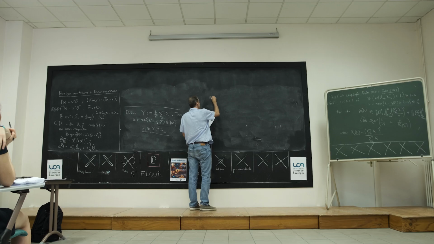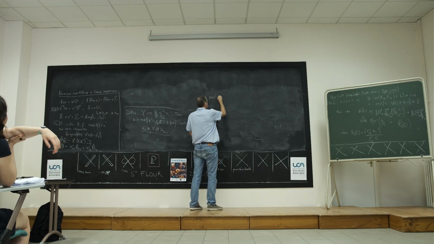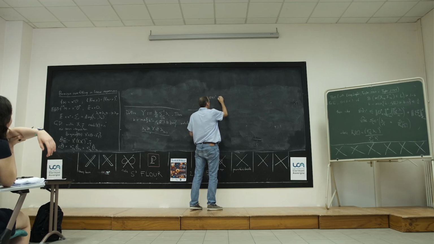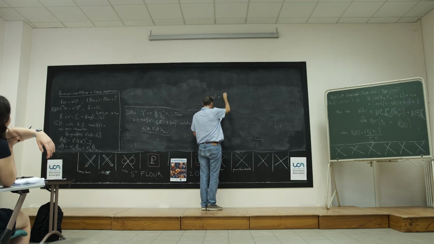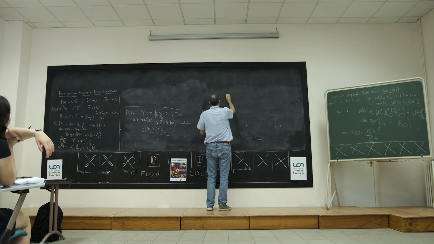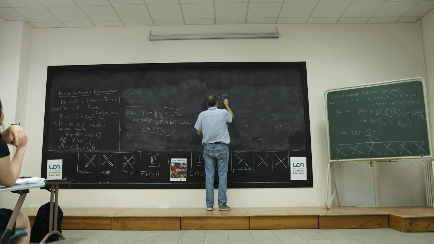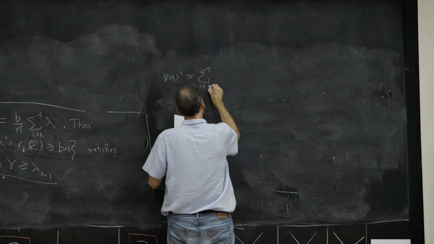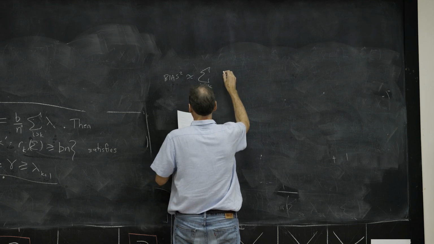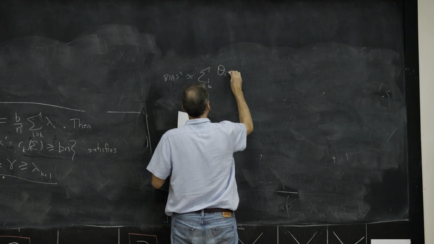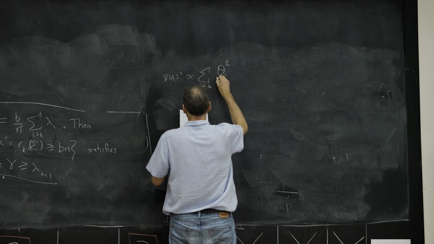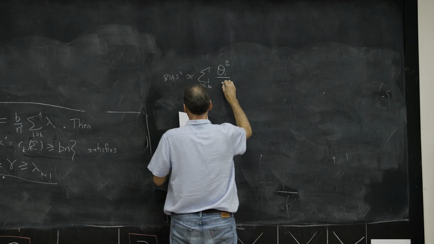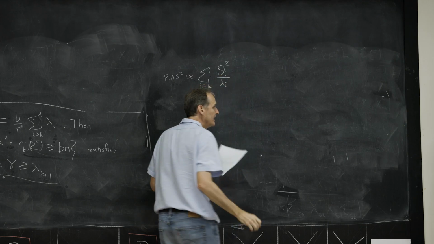So we get that the bias term, we can write it as something like the first term here, the sum over the guys that are smaller than k of theta i squared over lambda i.